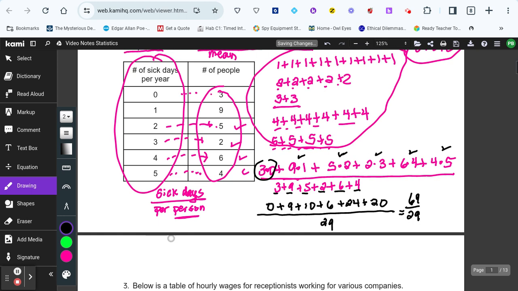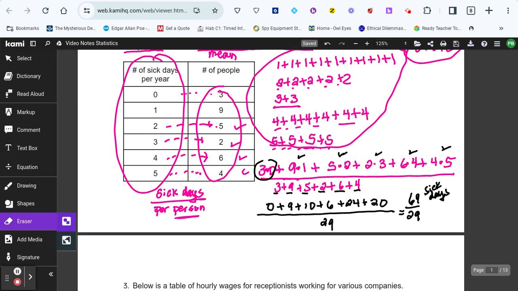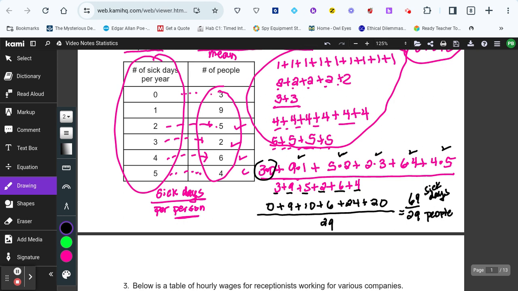Now keep in mind on the top is the number of sick days, so 69 sick days were taken, over a total of 29 people. You wouldn't say people per sick day. You would say sick days per person. So make sure the total number of sick days are on the top and the people are on the bottom.